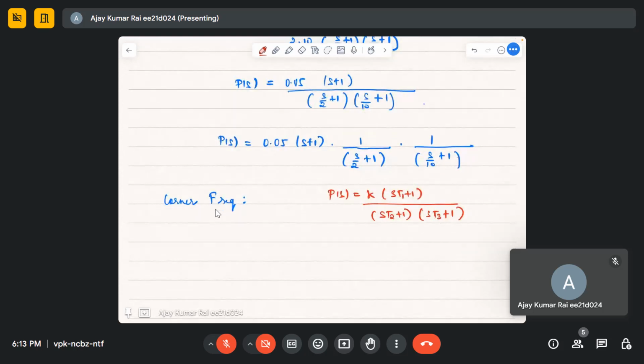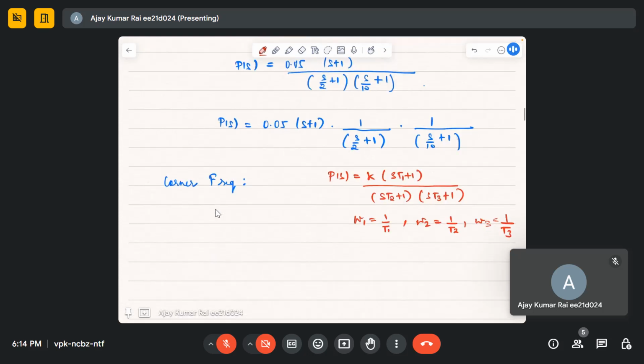For this one that I have written in red, the corner frequencies were 1/T1, 1/T2 and 1/T3. This thing we have studied, right? Corner frequency is 1 by the time constant. Similar thing we have to do with the given transfer function.